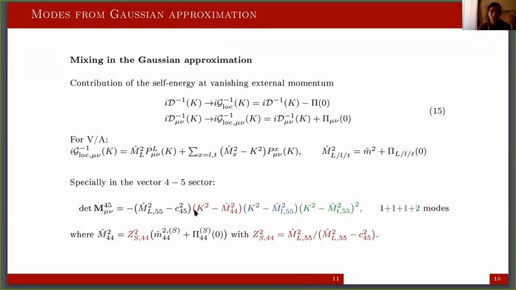The same appears in the scalar sector, that it mixes only with the 4 longitudinal mode of the vectors with again a z factor. We have this non-propagating 4 longitudinal modes, yeah.